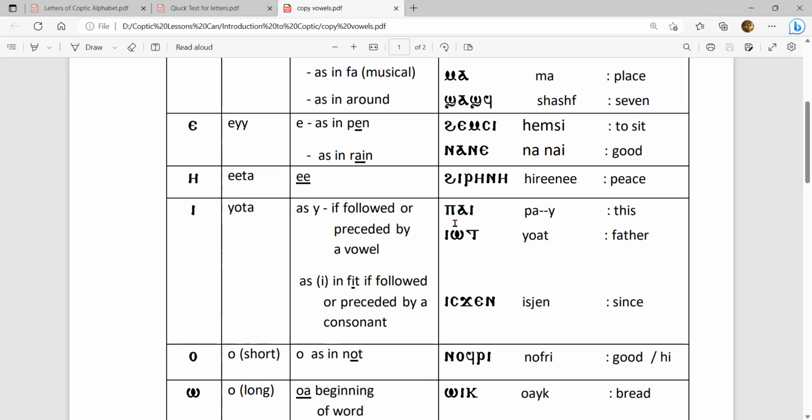I have chosen a word, pi. That's a P, pa, the alpha, and the iota. So it is here preceded by a vowel, the alpha. And I put it here separately, between the A and the Y, so that we should read it as pi, meaning this.